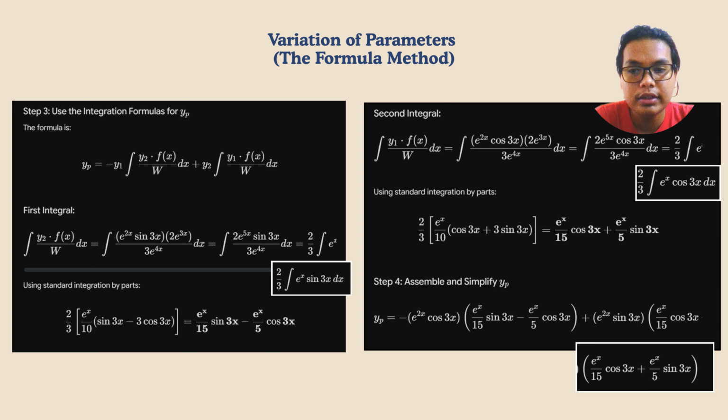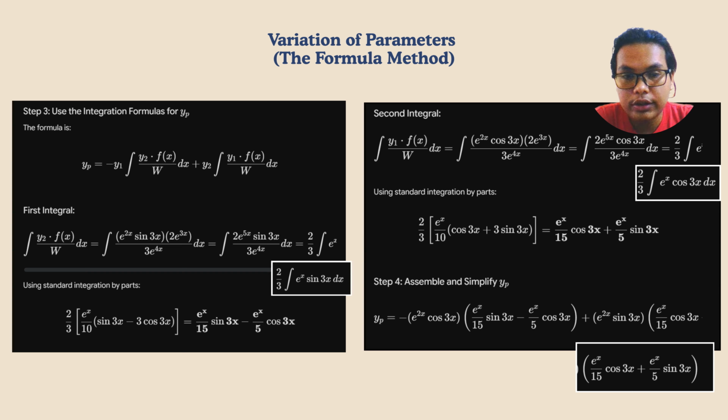The first integral, y2 f(x) over W, equals the integral of e^(2x) sin 3x times 2e^(3x) over 3e^(4x) dx, which equals the integral of 2e^(5x) sin 3x over 3e^(4x) dx, equals 2/3 times the integral of e^x sin 3x dx.